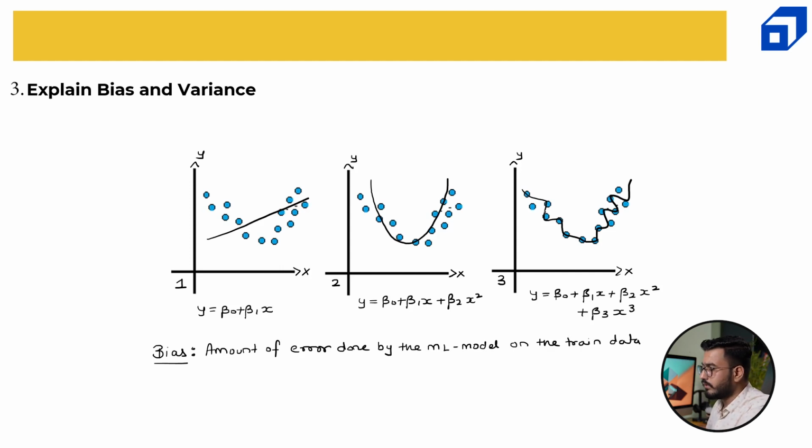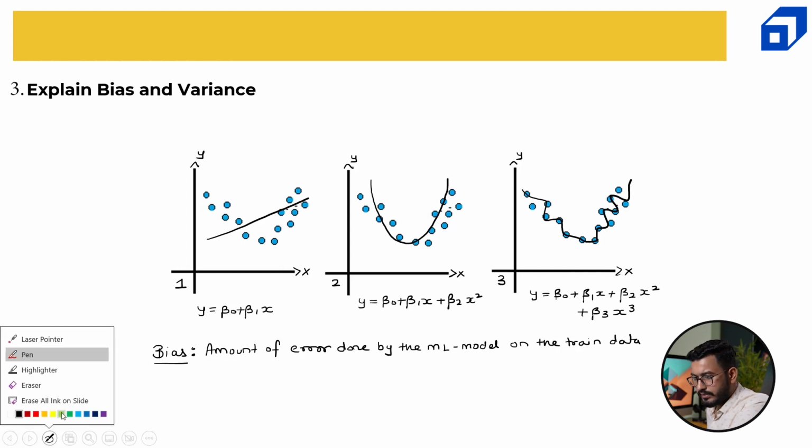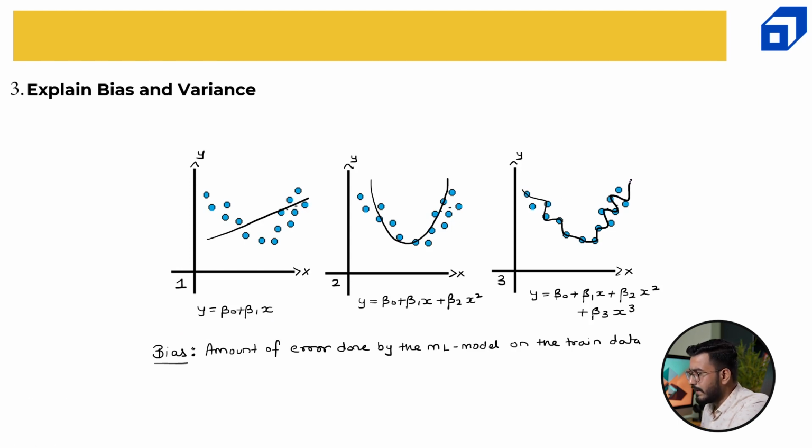Now if you closely observe, in my figure number 3, since my model is very much close to each and every data point, the actual value and the predicted value will be very close to each other. So the total amount of error will be approximately equal to 0. So here error is very less. Since error is less, bias is less.